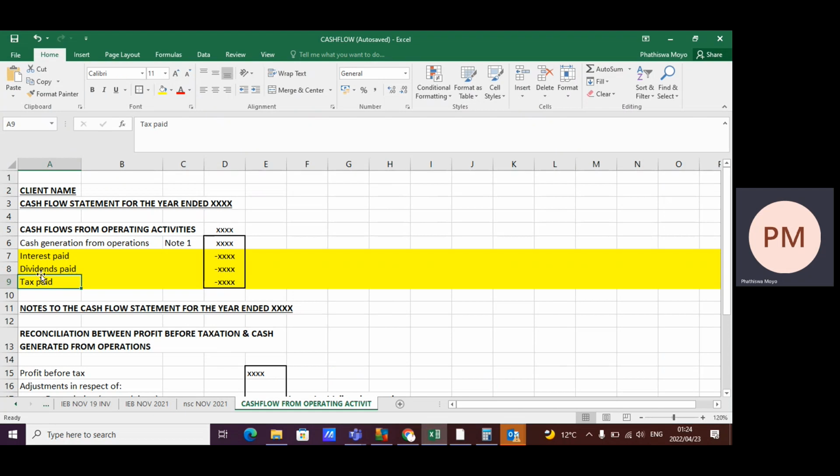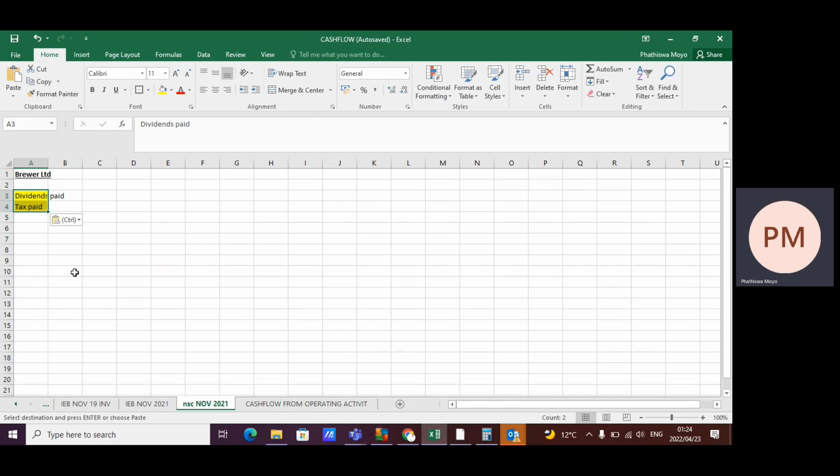So I'll simply copy these two because that's what we're looking for here. Remember I said, these people sometimes look for a deconstructed cash flow. So you must know what they're looking for. They want to know dividends paid and they want to know tax paid.